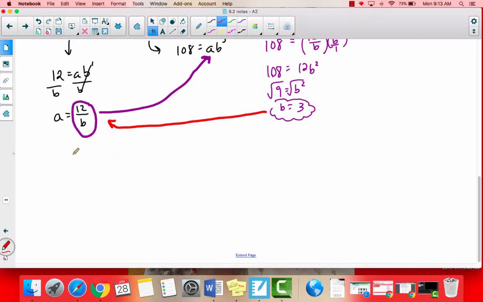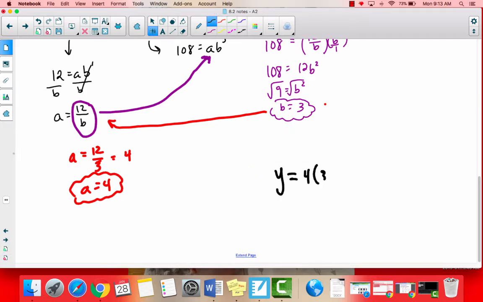So if I plug that back in, I have a is equal to 12 divided by 3. And if I divide by 3, I get that a is equal to 4. So now I have my a and b, and I could rewrite my final equation as y equals 4 times 3 to the power of x.